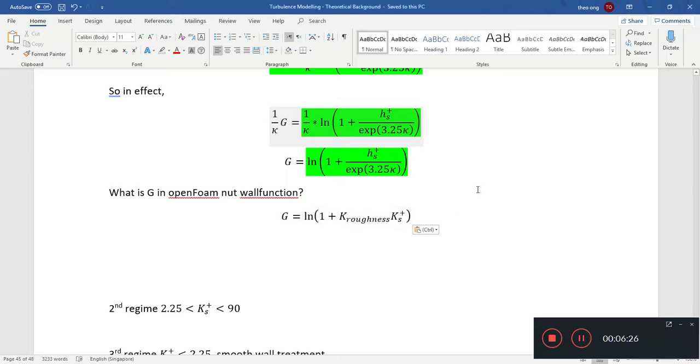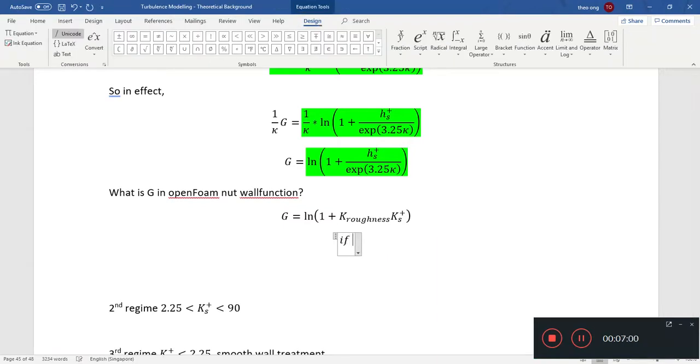G equals ln of 1 plus a k roughness ks plus. Alright, so this is in OpenFOAM. Obviously, we do see this one thing over here, and then we see this hs plus equals this ks plus. So what we have in this denominator is exponential 3.25 over kappa.